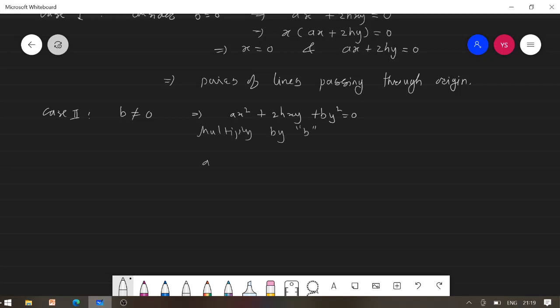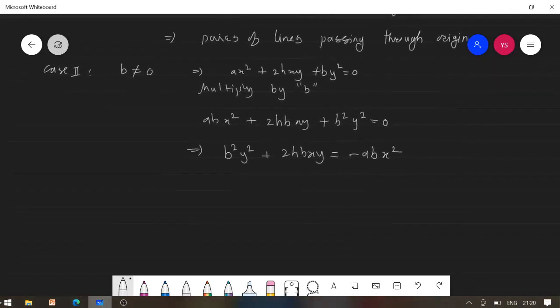We get abx square plus 2hbxy plus b square y square equals to 0. So we rearrange this equation in the form b square y square plus 2hbxy equals to minus of ab x square.